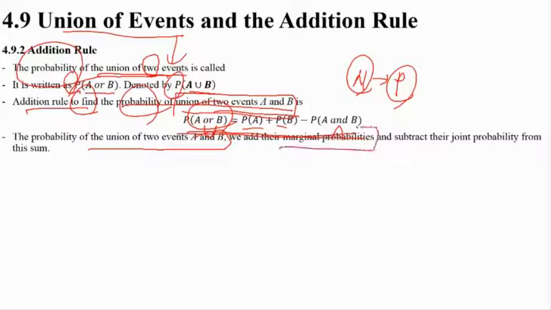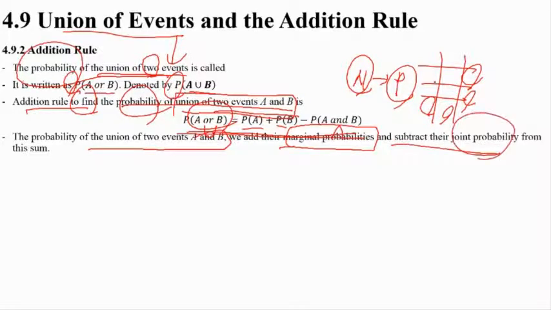So the probability of the union of two events should add the marginal probabilities, which we see in the table, and subtract the joint probability, like in the previous example. Remember, we count twice the common part, so it should be subtracted. That's why we subtract the joint probability.